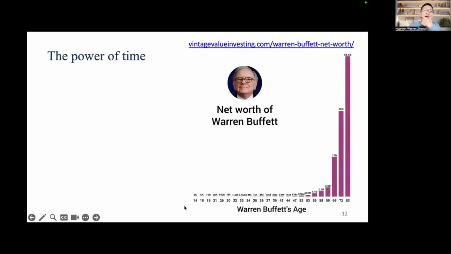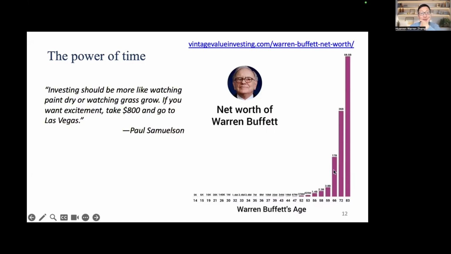Now, this power of time can also be reflected by the net worth of Warren Buffett, right? If you look at his wealth, most of his money or the returns he received are during his later years, right? That's why the famous economist Paul Samuelson has mentioned that investing should be more like watching paint dry or watching grass grow.